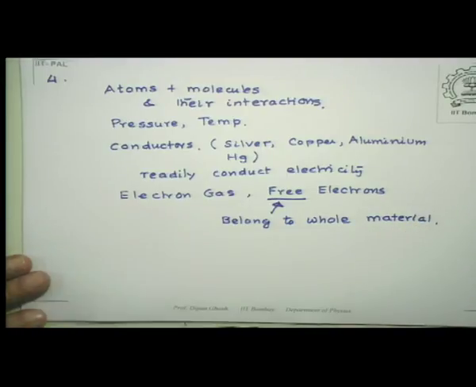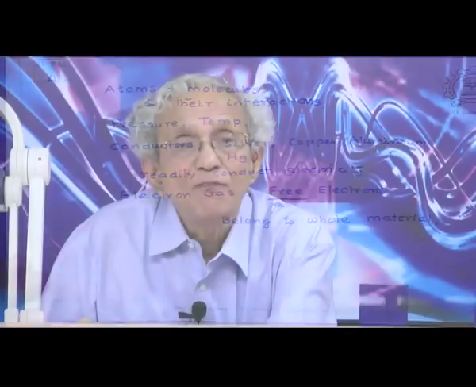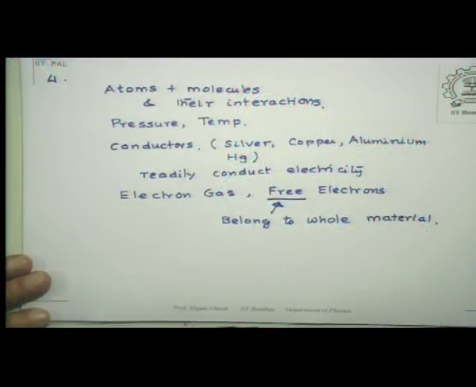Now, this electron gas that we have talked about, when you apply an external electric field, they are free to move, because as we know, charges accelerate in an electric field. Now, in our lectures on electrostatics, we have learned that inside conductors, I cannot have an electric field.